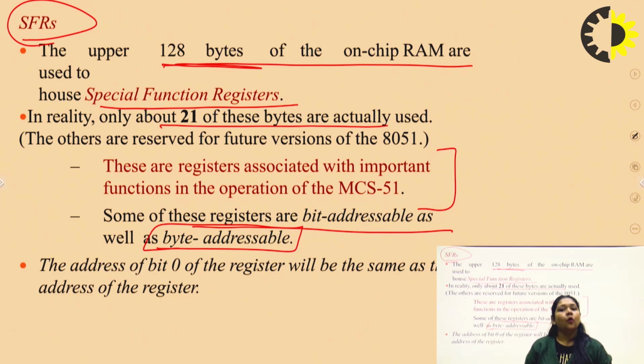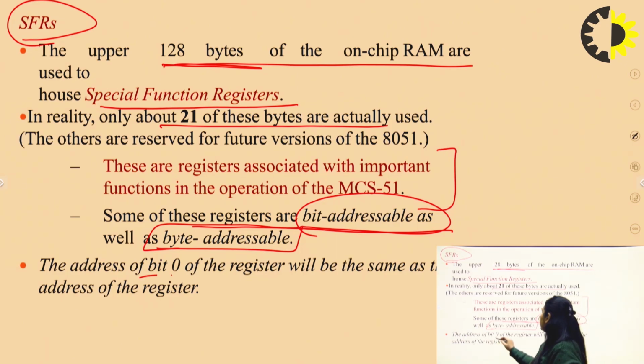P1 is our port 1, and when we take P1.3, it means the third bit of port 1. When we are dealing with only a single bit, it is known as bit addressing. This is the difference between bit and byte addressing. This question also comes in the exam for 2 marks: explain the difference between bit and byte addressing, or simply define bit addressing and byte addressing.